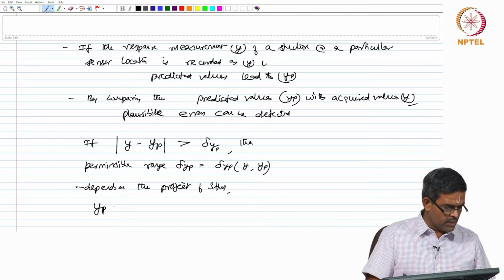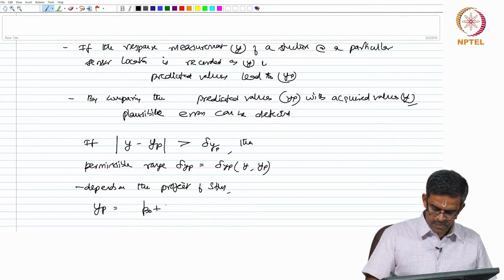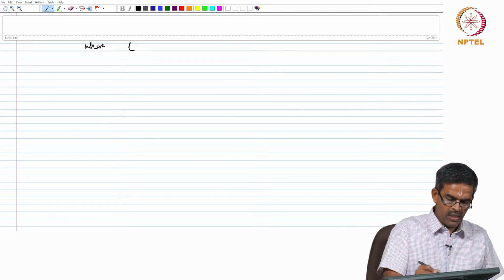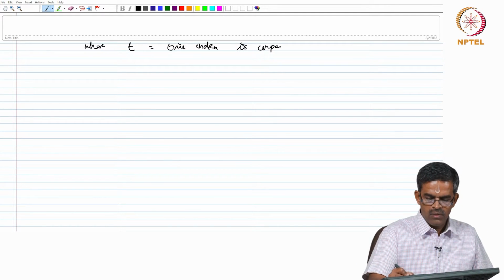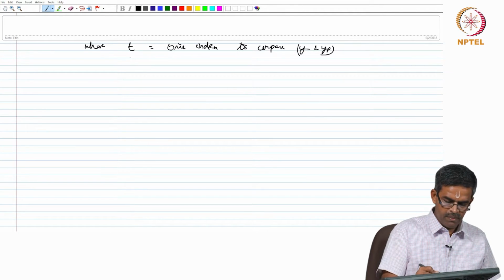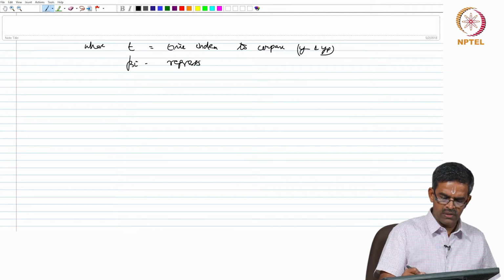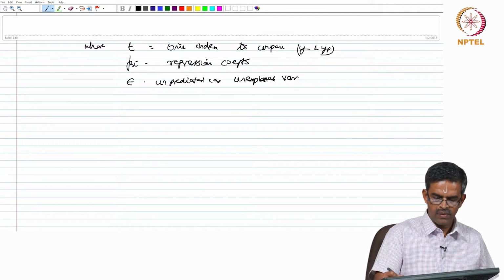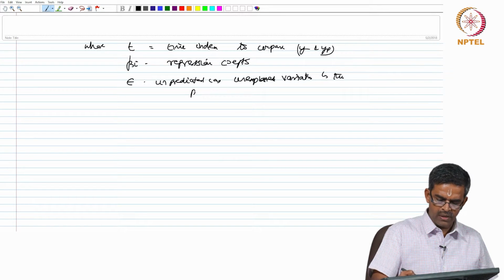Therefore, I can say the predicted value can be some function of beta 0, beta 1 t plus some error function, where t is the time index used to compare y and y p, beta i are the regression coefficients and epsilon represents the unpredicted or unexplained variation in the predicted value y p.